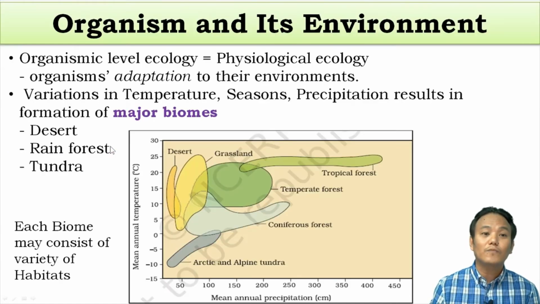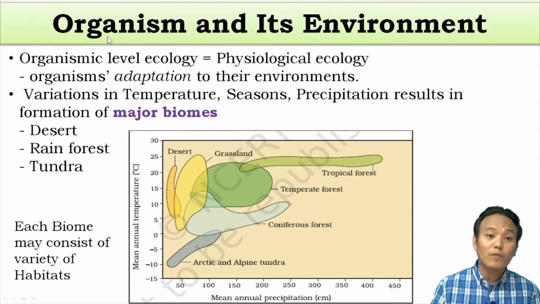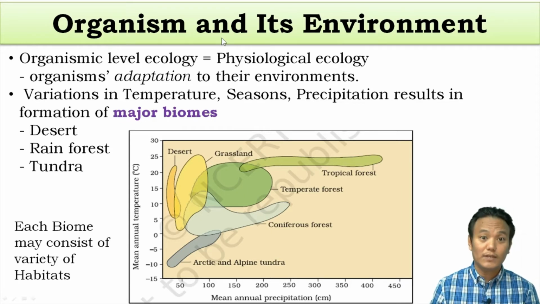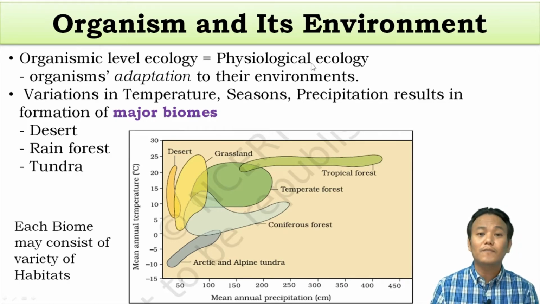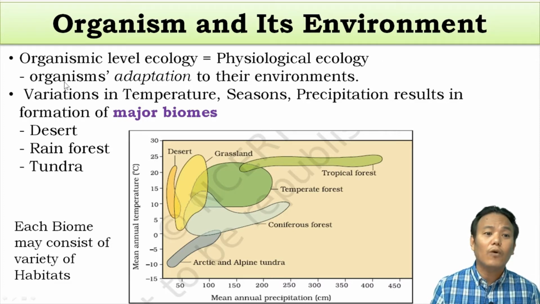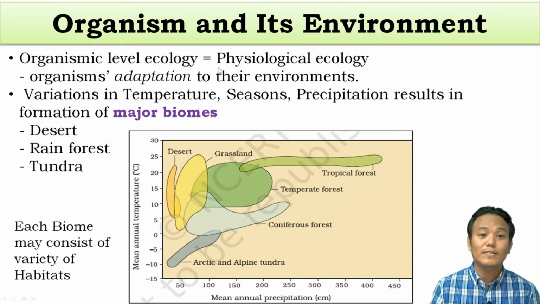Okay, so now when we talk about an organism and how it lives in its environment, we are talking about the organismic level of ecology. And the organismic level of ecology is nothing but the physiological ecology of the organism. That is how organisms are adapted to their environments.